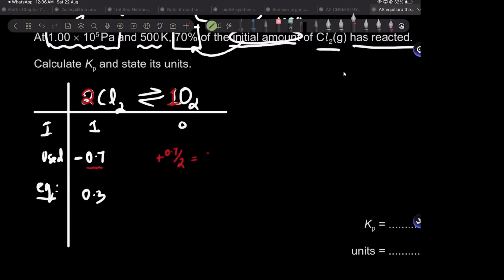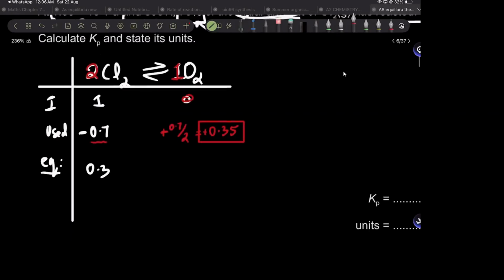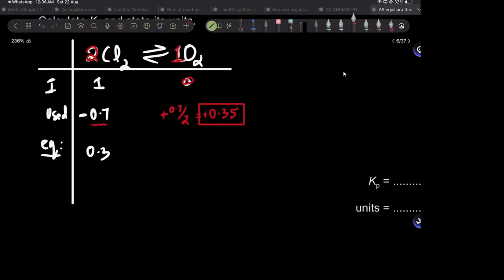How much is that? 0.35 moles were formed over here, right? Initially they were 0, and 0.35 moles or 35% was formed. The remaining at equilibrium would be 0 plus 0.35, so I have 0.35 moles of O2 on the right hand side. So I have the equilibrium moles, both of them.